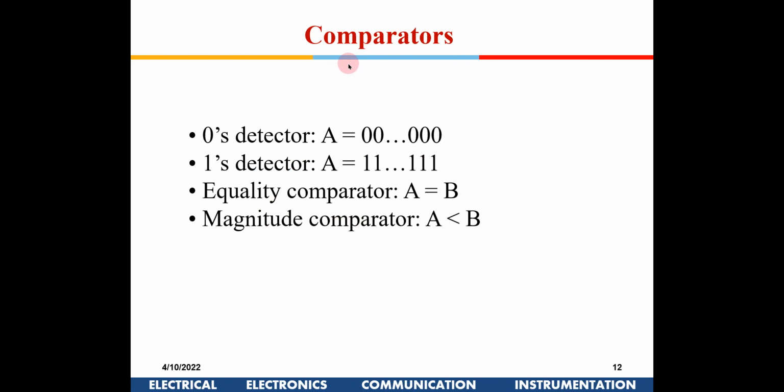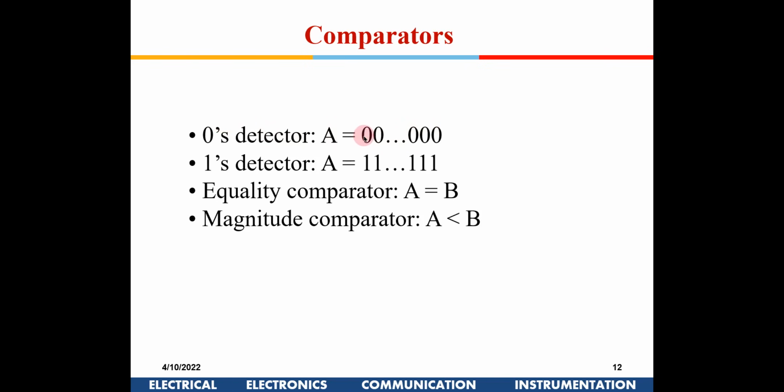Now apart from multipliers, we have comparators also. And what is a comparator? There could be many uses of a comparator. First is to detect zeros, a zero detector. This is one kind of comparator which we generally use to set the flag in the microprocessor, right? After computing, if a register is 0, you need to set the flag.